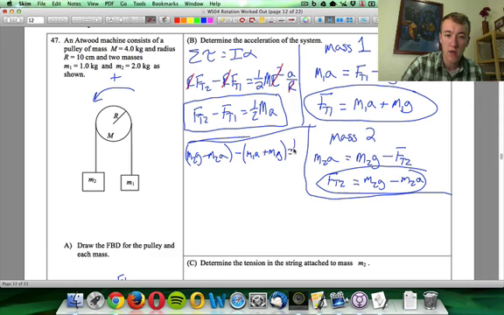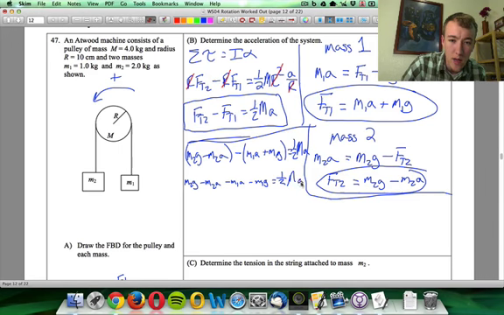And all of that was equal to 1/2 big M a. I'm going to distribute out this negative here and do some simplification: m2g minus m2a minus m1a minus m1g equals 1/2 big M a.